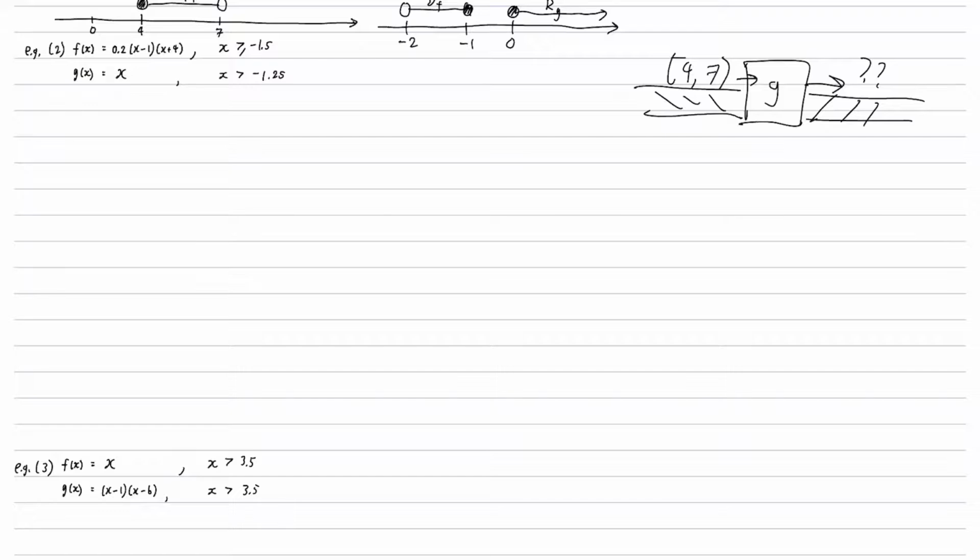Oh my god, wait, I wrote it wrongly. 0.2 x minus 1 x plus 4. Minimum, and then the minimum is this one?